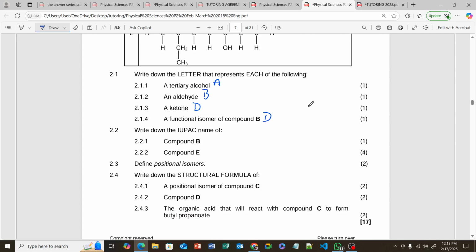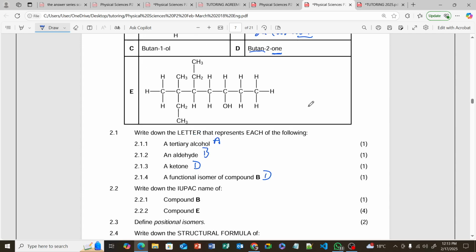Now the IUPAC name of compound E. Let's check the longest chain. Here it's 1, 2, 3, 4, 5, 6, 7. From here it's 1, 2, 3, 4, 5, 6, 7, 8.